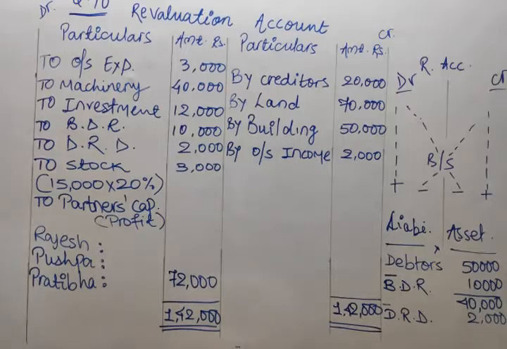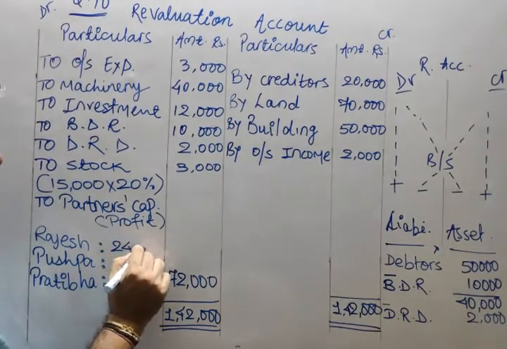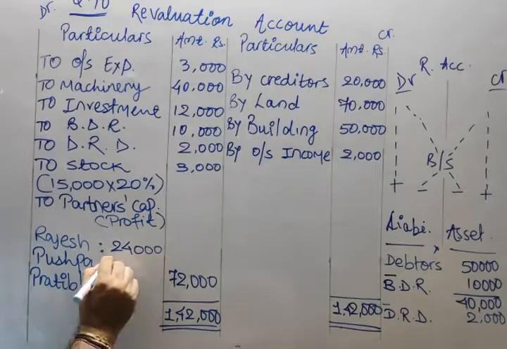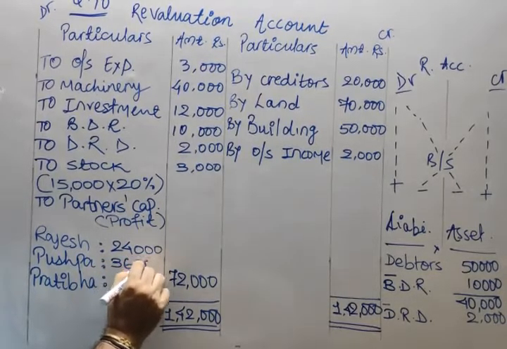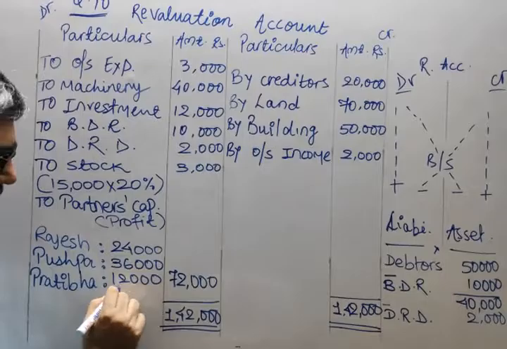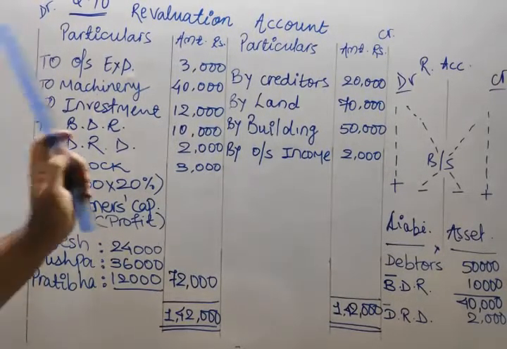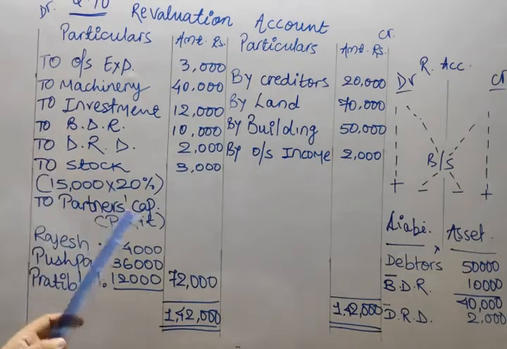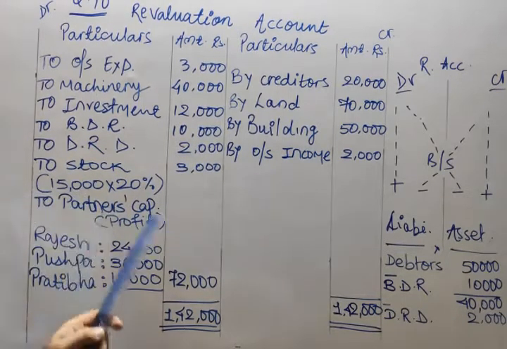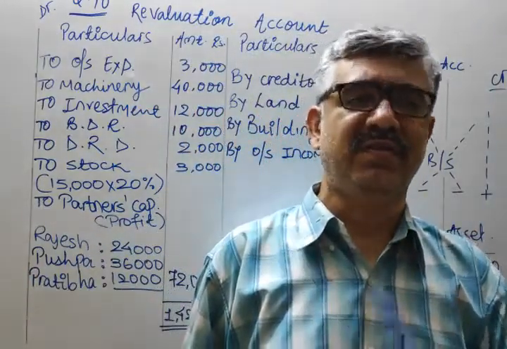Total ratio is 6. So 24,000, 36,000 and 12,000. Overall total 72,000. Check two times because this is one of the most important portions in chapter 5 and 6.